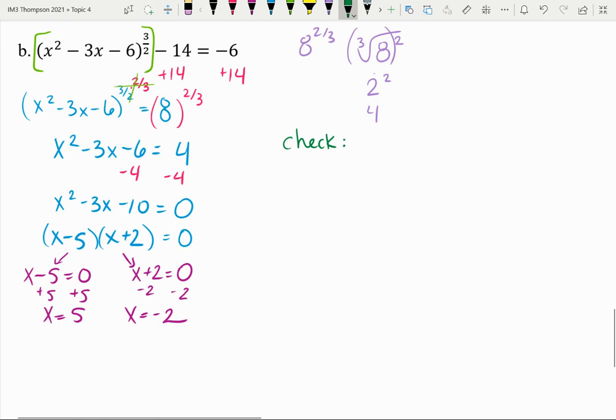Different calculators will do different levels of work here. It could be very helpful. So I'm going to go back to the original. Let's see. Instead of x, I'm going to write a 5. I have to raise that all to the 3/2 power. And I want to know, is that equal to -6? Just take it a little piece at a time.